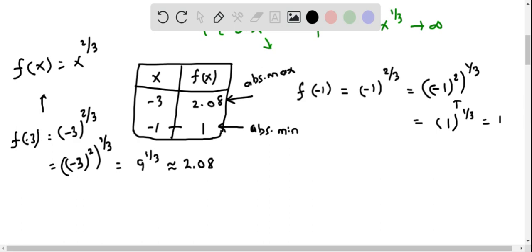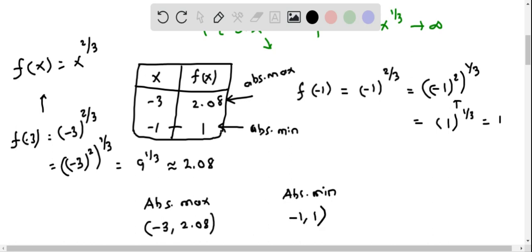So we write the coordinates of the absolute maximum in coordinate form: x is -3, and the corresponding function value is 2.08. And then the absolute minimum is -1 comma 1. And so these are the absolute extrema of the given function.